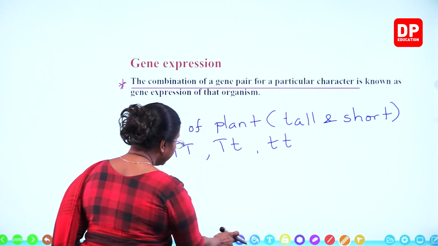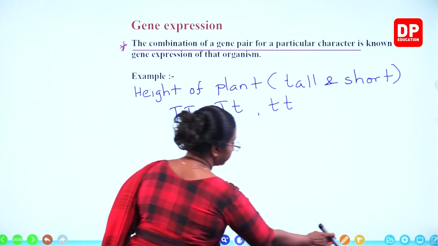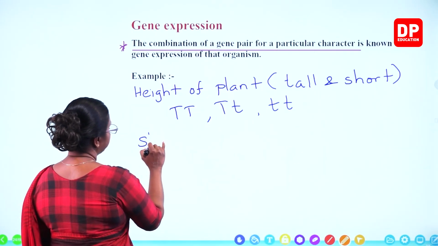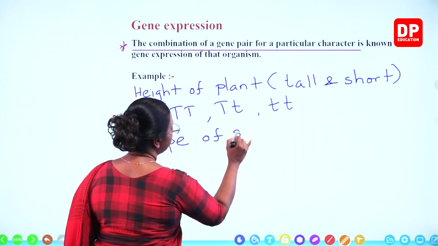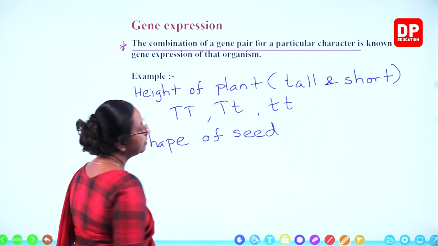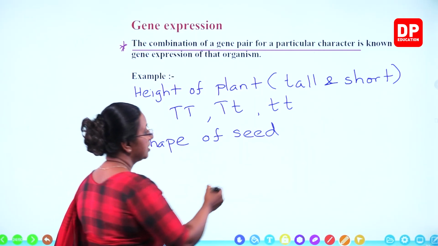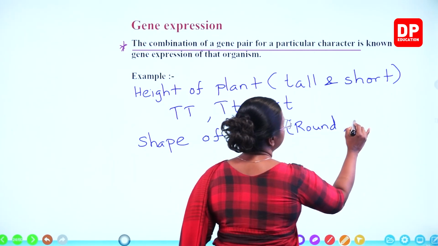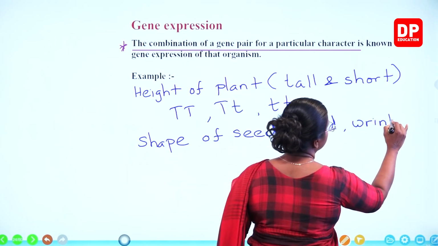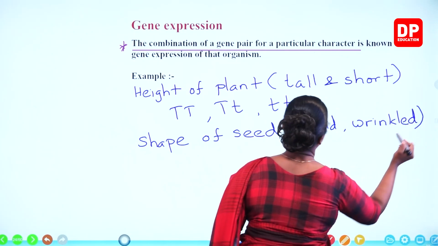So if you take the shape of seed, again the same set of characters, students. Shape of seed. What were the gene expressions? We had the round and wrinkled seeds.